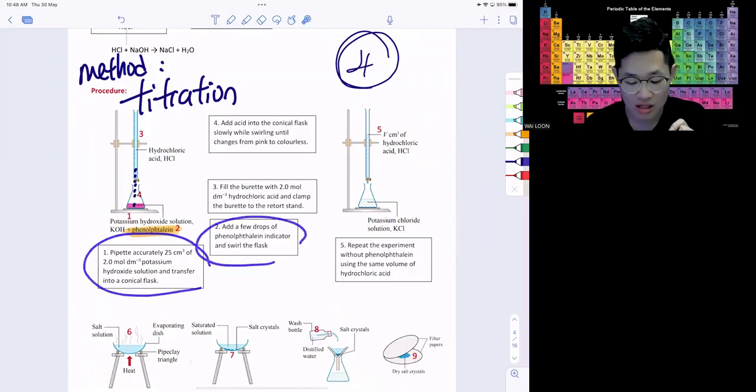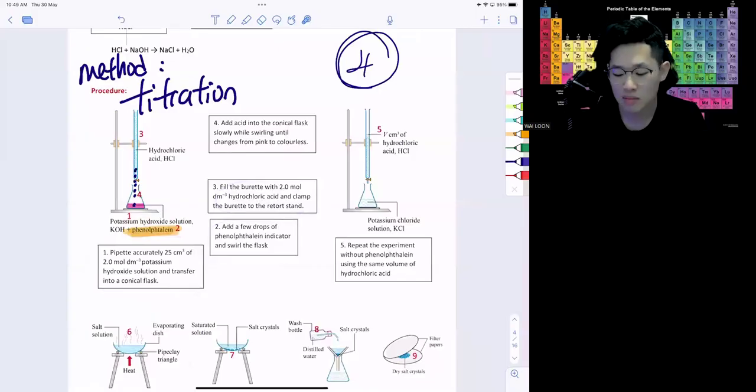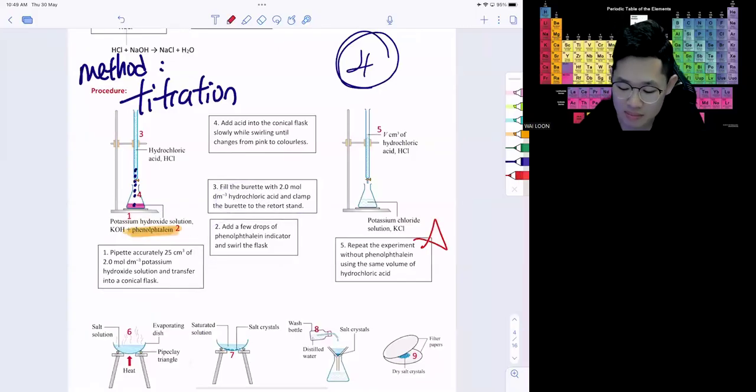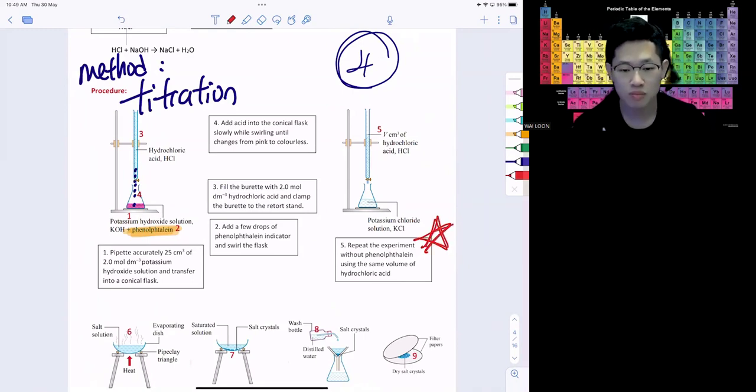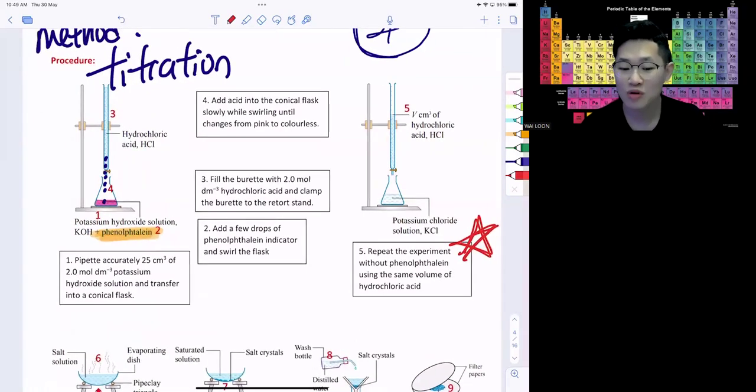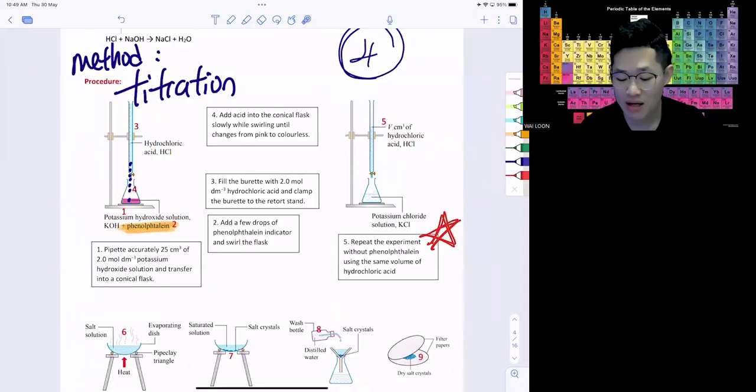After I did all the steps here, it turns from pink to colorless already. Here is the most important step, which is the step that most students will forget. We have to repeat the experiment without phenolphthalein.